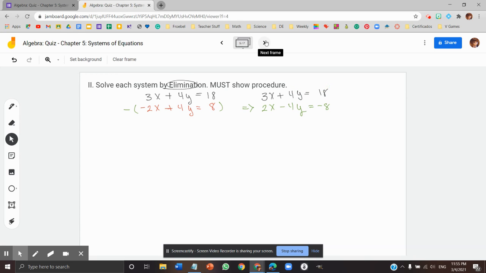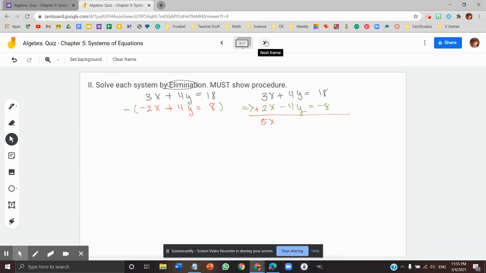Now it's easier for me to cancel them. I don't know if you can see, but now you have opposite terms. In opposite terms, I can actually eliminate them, so I can add those two equations. 3x plus 2x is going to be 5x.